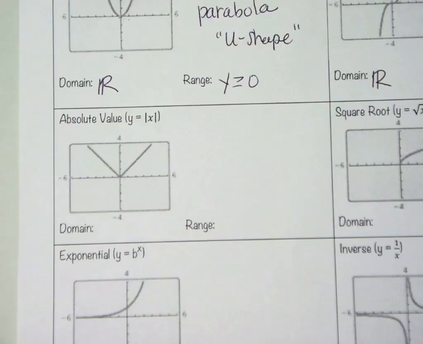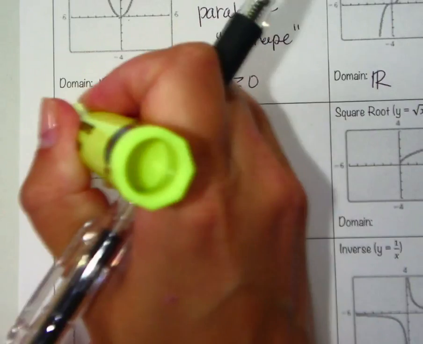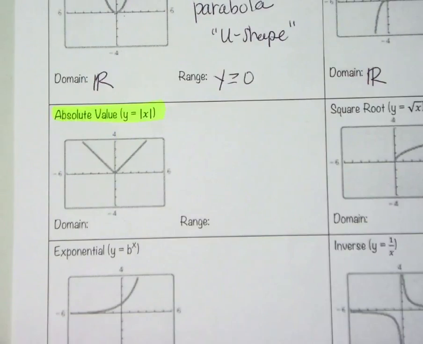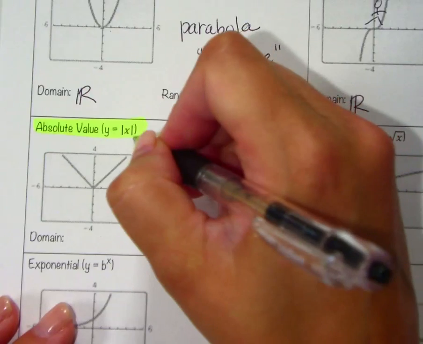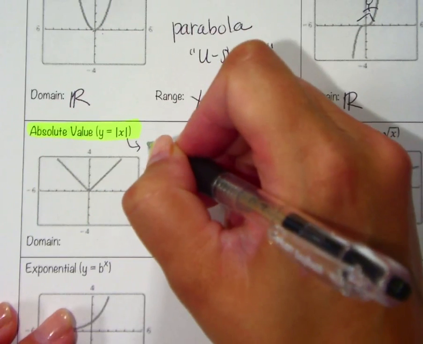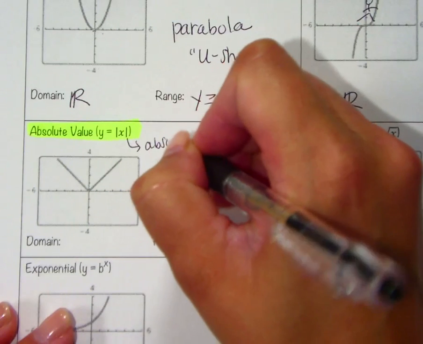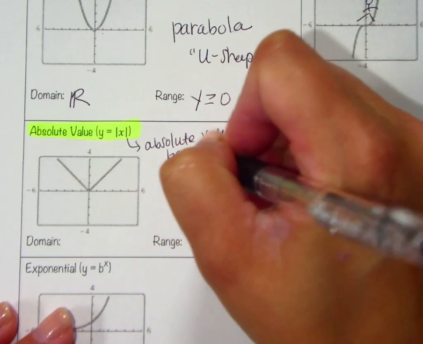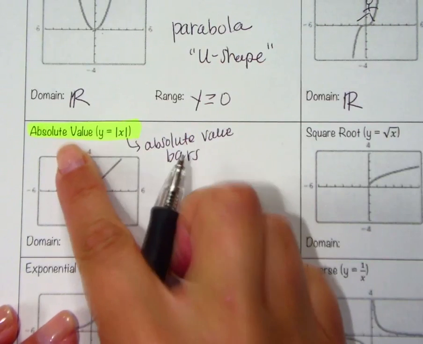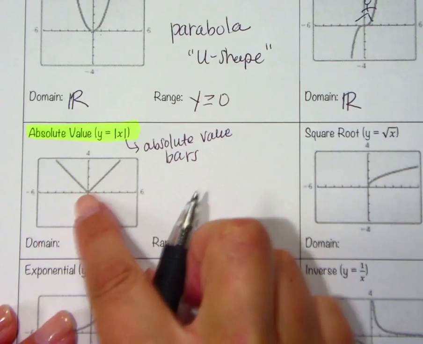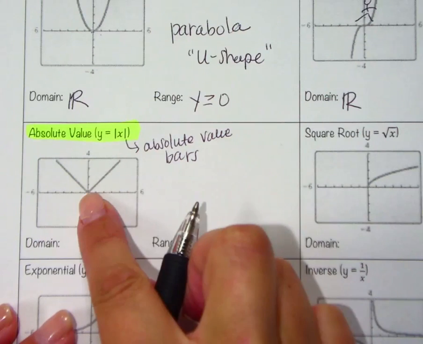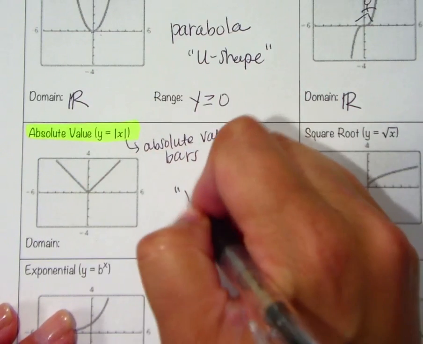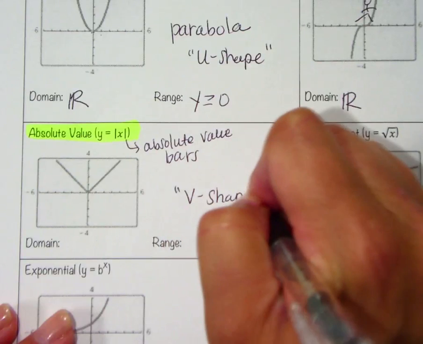The next one is the last one that we are going to focus on in our course, and that's the absolute value function. Easy way to spot this, if it has those absolute value bars, it has to be an absolute value function. The graph of an absolute value function is a V shape.